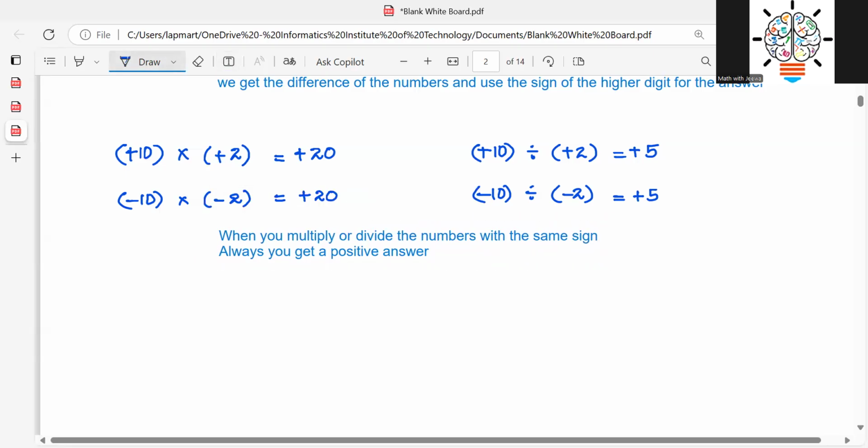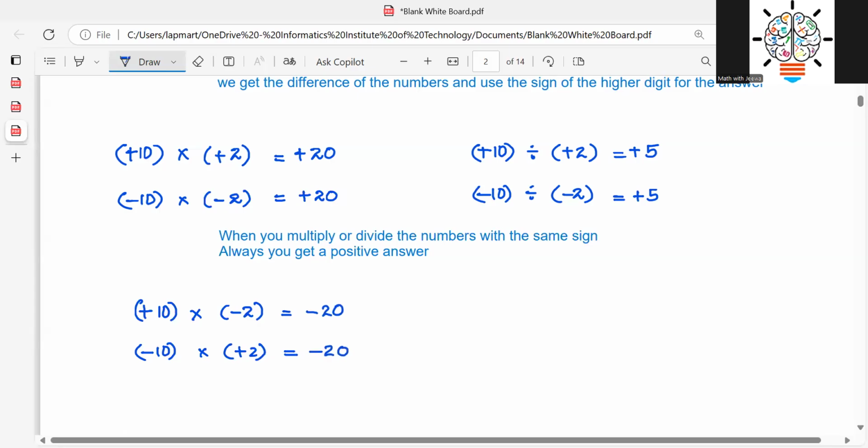Then if you have positive 10 multiplied by negative 2, or negative 10 multiplied by positive 2, like earlier, we know 10 multiplied by 2 is 20, but this should be negative 20.